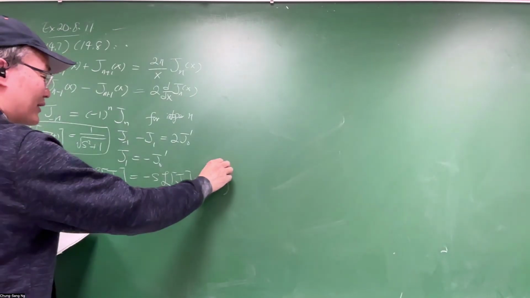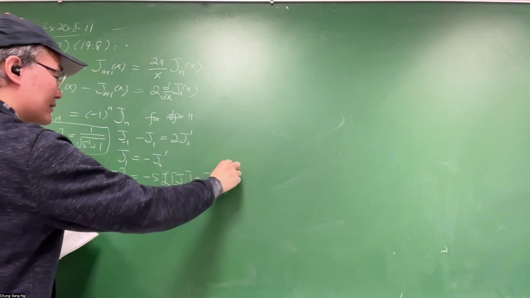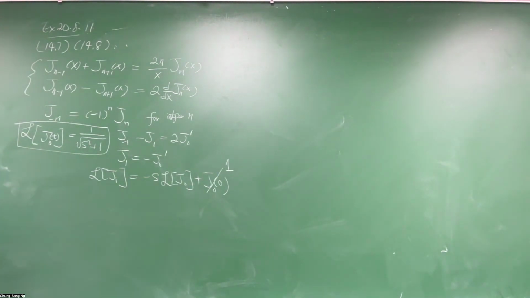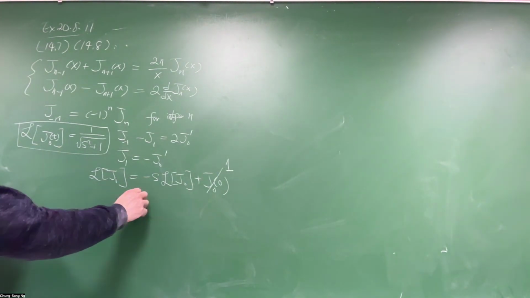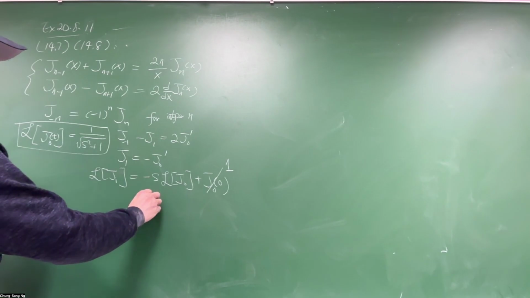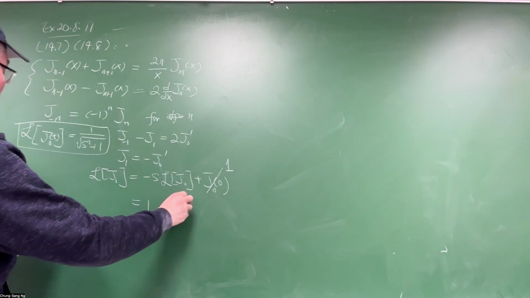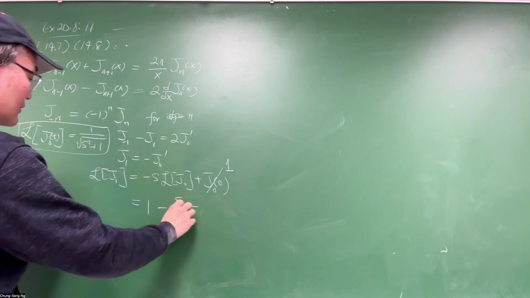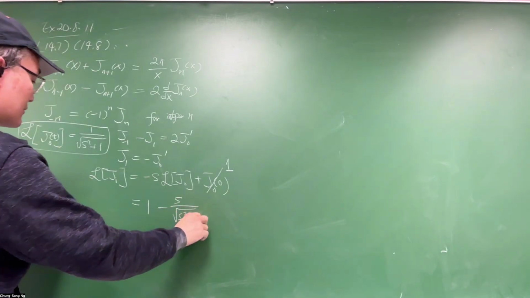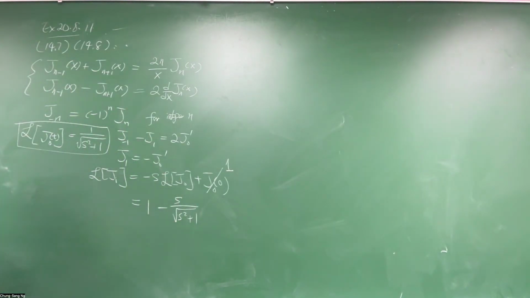Another fact that you might not know, this is 1. So this is 1 minus s over the square root, that is this one.